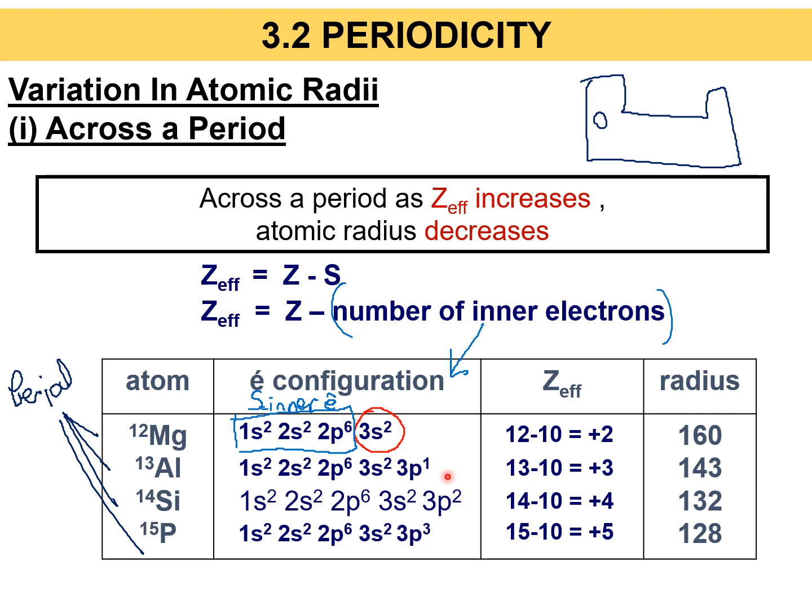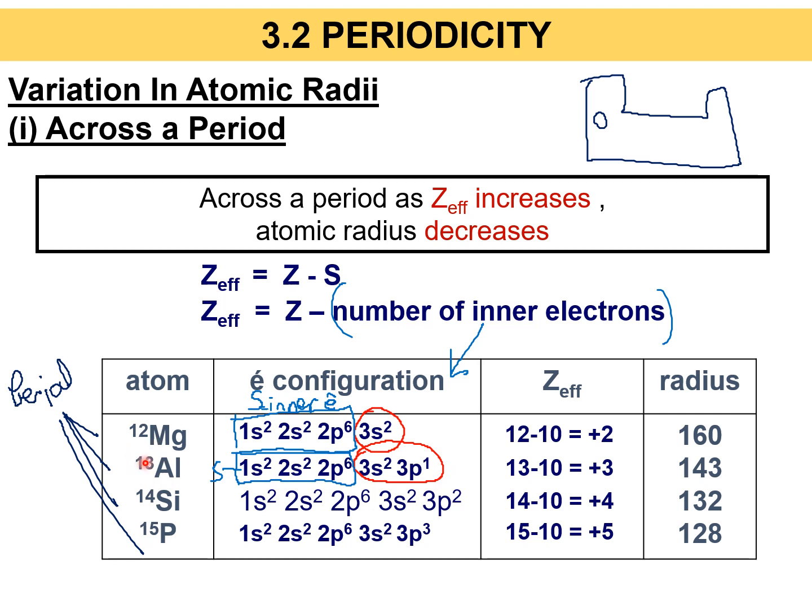Okay. Next ialah across the period kan. Across period 3. You akan jumpa aluminium. Aluminium dia mempunyai electronic configuration 1s2, 2s2, 2p6, 3s2, 3p1. Therefore, this is the valence electron, valence shell electron, and this is the S untuk aluminium. Okay. Sama juga ada 10 elektron di inner orbital untuk aluminium.